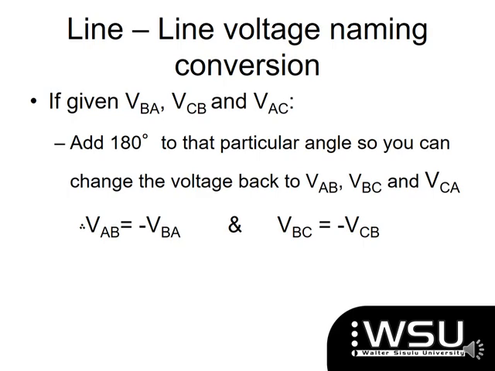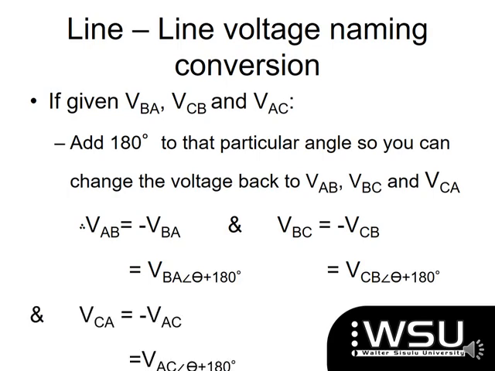So if they had given me a VBA, you must know that VBA is actually negative VAB. In other words, I must go and add the angle of 180 degrees in order to convert the VBA that they've given me back into the VAB that I know, or VBC that I know if you look at the right-hand side where I made the example with VCB and VBC.